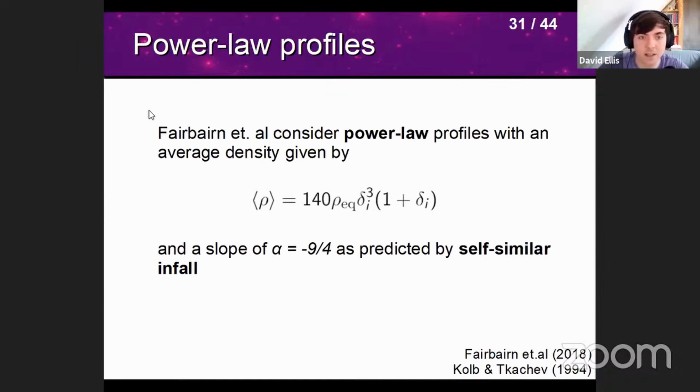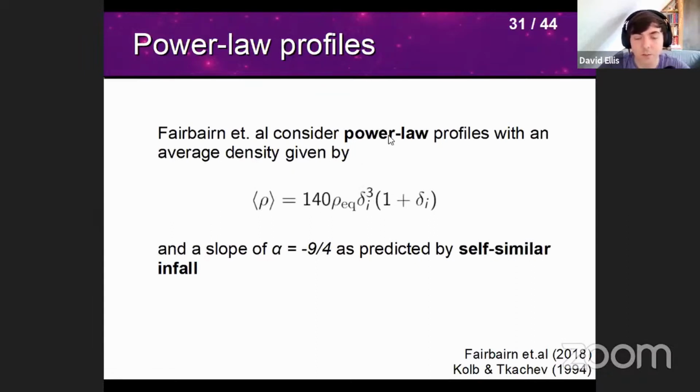They considered exactly these power-law profiles, which have an average density given by this, for many of us, rather familiar formula from Kolmogorov, estimating the final average density based on the initial overdensity of some region. By fixing this average density and knowing the mass and the slope, they can then calculate the radius for each one of these objects. And this is exactly what we do in this work.